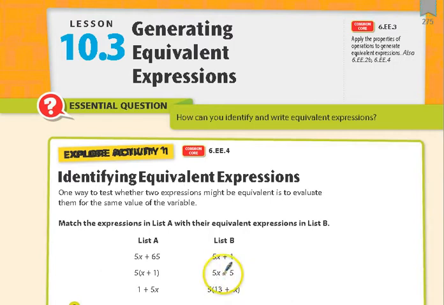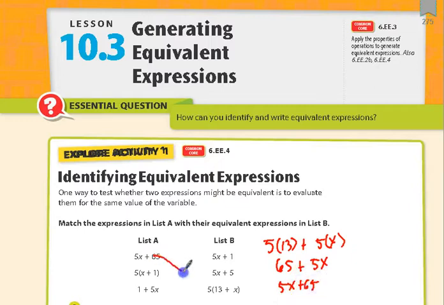So 5 times 13 plus 5 times x. 5 times 13 is 65, plus 5 times x is 5x. We can rearrange this because of the commutative property, and it becomes 5x plus 65. So those two would be connected.